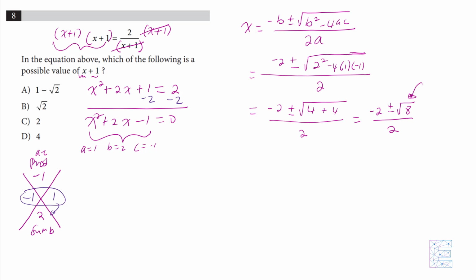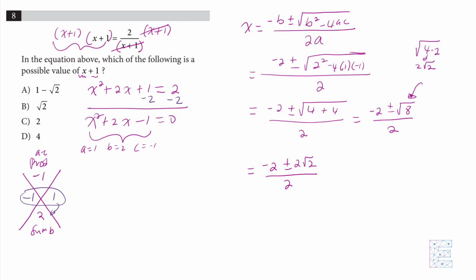So the square root of 8 can be broken down to the square root of 4 times 2. And the square root of 4 is 2, so the 2 goes out, leaving you with a 2 on the inside. So we can simplify this yet further, and we would have negative 2 plus or minus 2 root 2, all of this over 2.